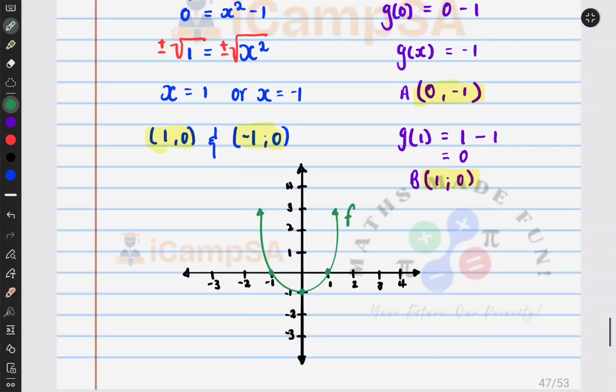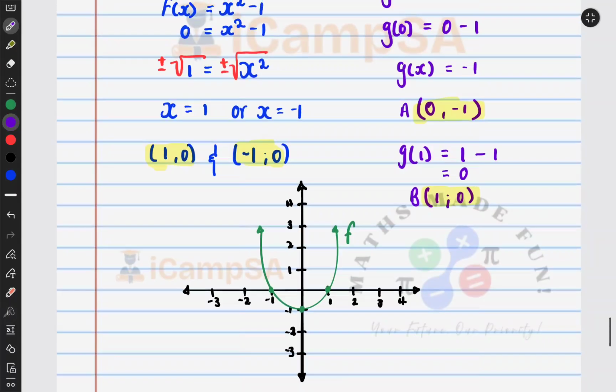Okay, and then we had the straight line function, which passes through (0, −1). So it passes through here, (0, −1). It also passes through (1, 0). Yeah, this is the point.